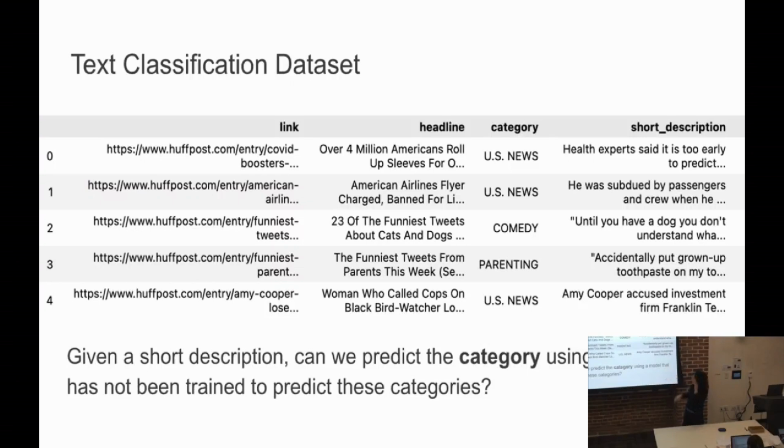What I'm going to do is ask the model to predict this category here. The model is going to use the actual word I'm giving, the label as a word, and try to figure out how to match the short description in the best way possible to the word of the label. Does that make sense? It's pretty cool, no?